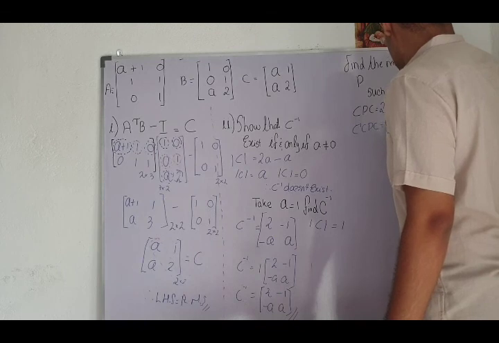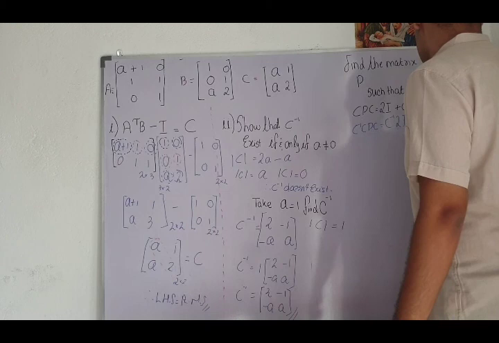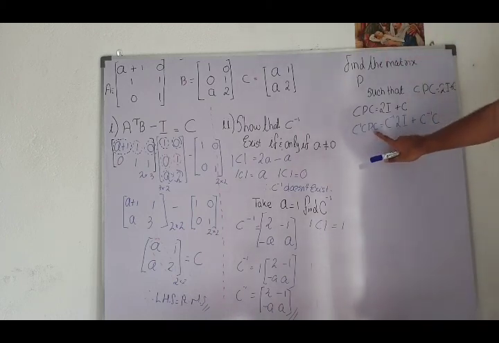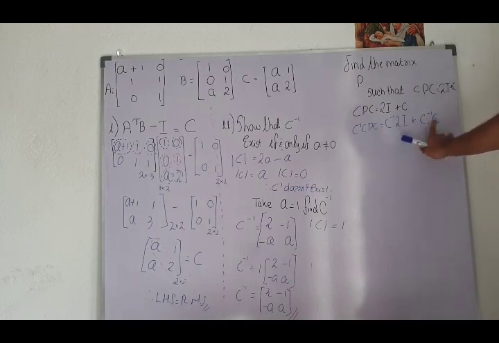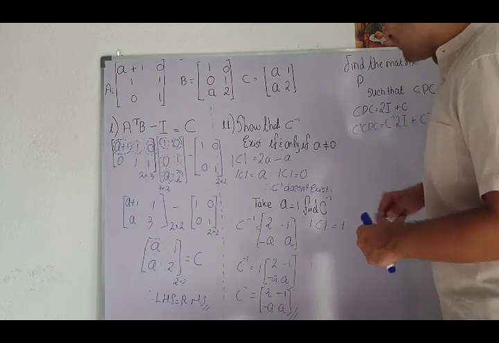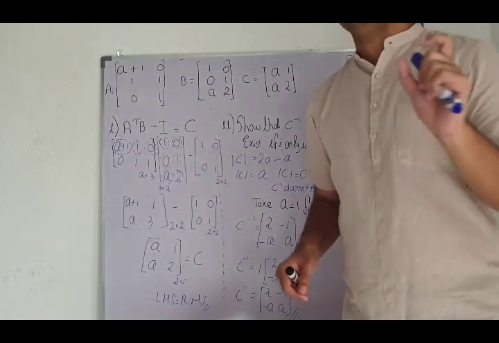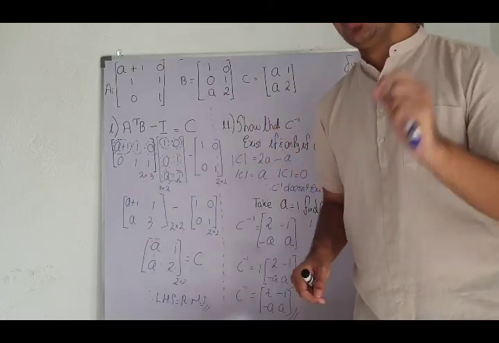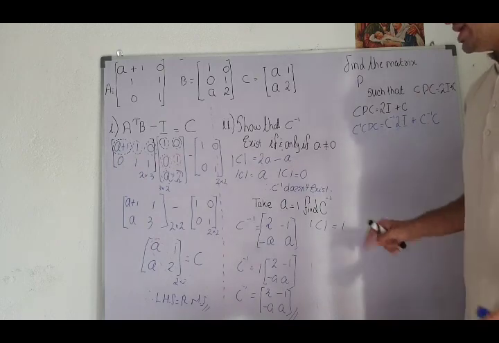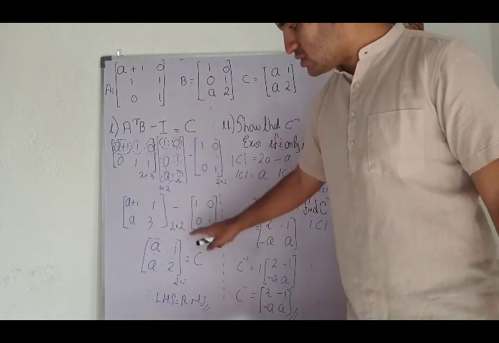C inverse is going to be multiplied on both sides. So now you have C inverse C, P, C, equals C inverse 2I plus C inverse C. Anything multiplied by its inverse matrix will be equal to the identity matrix. It will be the identity matrix of order 2, because the initial value was of order 2.